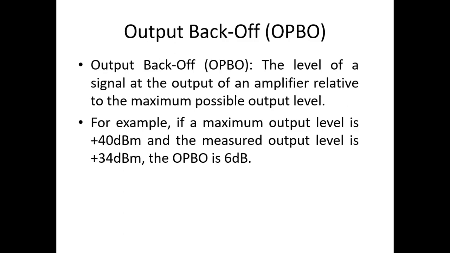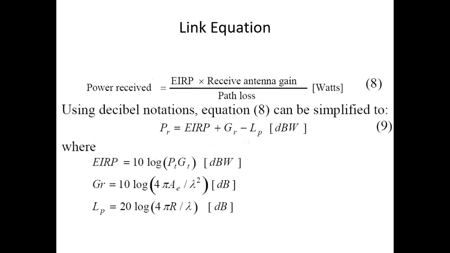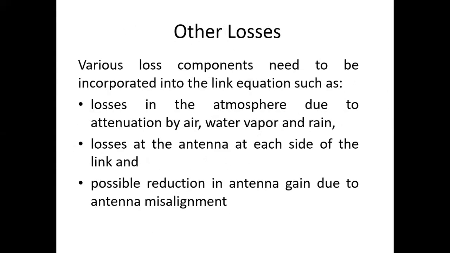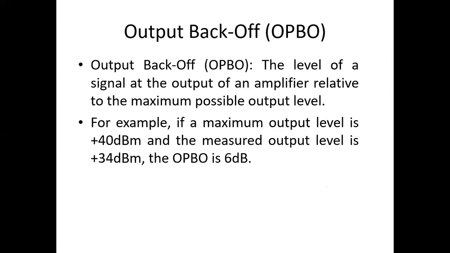So if the maximum level is 40 dBm, I mean the maximum capacity of the power amplifier is 40 dBm, and you are operating at 34 dBm, then your OPBO is 6 dB. Okay. So you may mention it for your earth station or for transponders. Okay, the transponder is operating at this much OPBO, or the earth station is operating at this much OPBO.